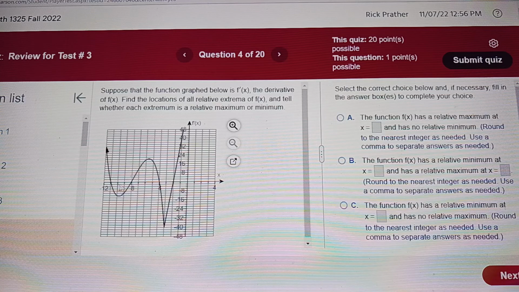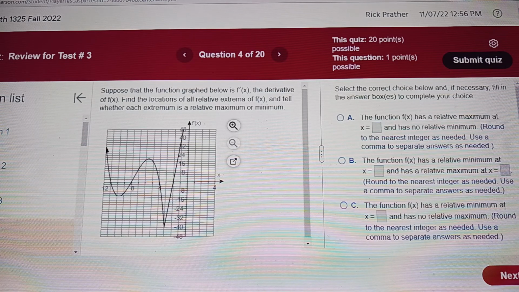So we have 1, 2, 3, 4 spots that could be relative maxes or mins. There are 4 critical numbers here, 4 times the derivative equals 0. And in all 4 of them, it's above the x-axis on one side and below the x-axis on the other. So that makes them all relative extrema.